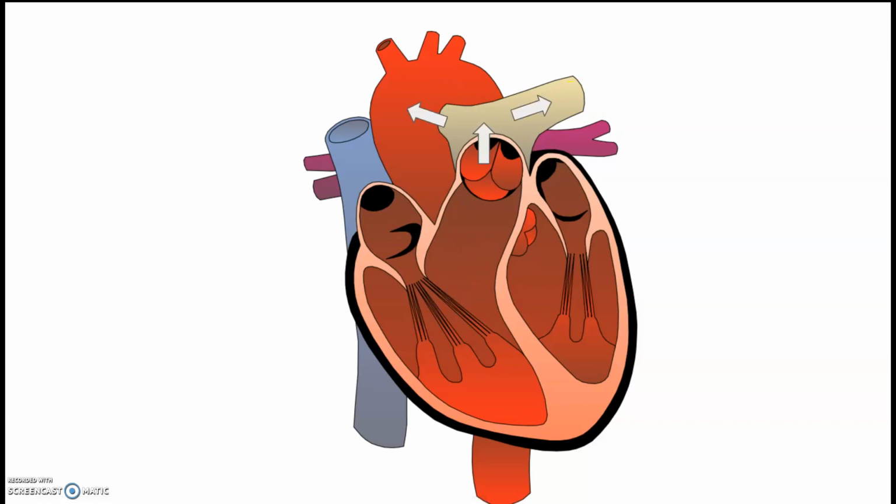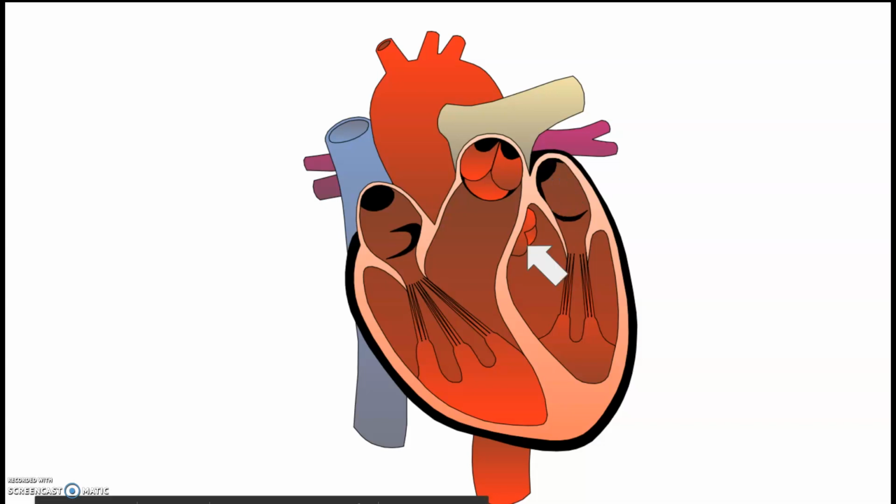We are then going to circle the lungs, pick up oxygen, and return back to the heart via the 4 pulmonary veins. So there's 2 on the right, 2 on the left, and they all empty into the left atrium. From the left atrium, blood is going to head past the mitral or the bicuspid valve and into the left ventricle.